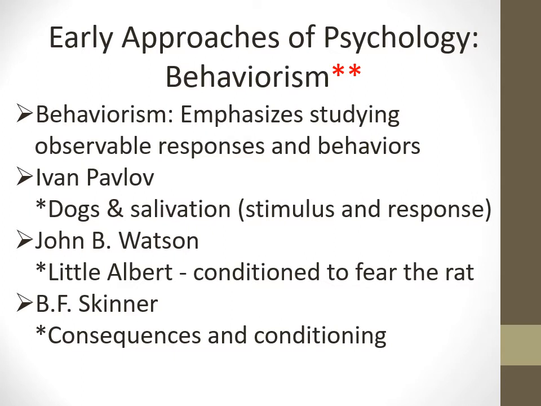So once little Albert was conditioned to fear the rat, what would he do? What were the consequences? Would he move away to reduce anxiety? Would he attack the rat? It's understood that if his action provided positive consequences, that behavior would be repeated.